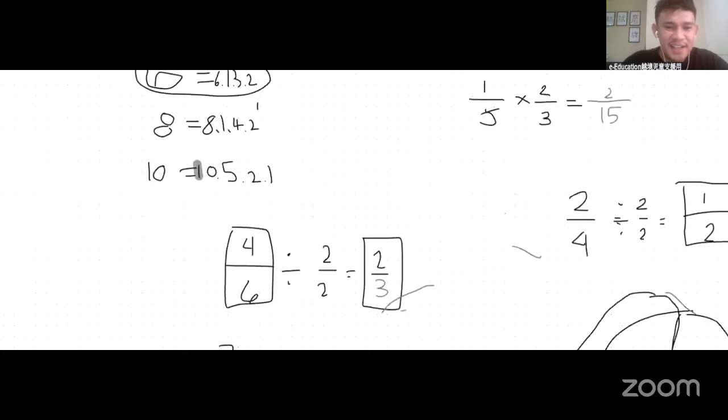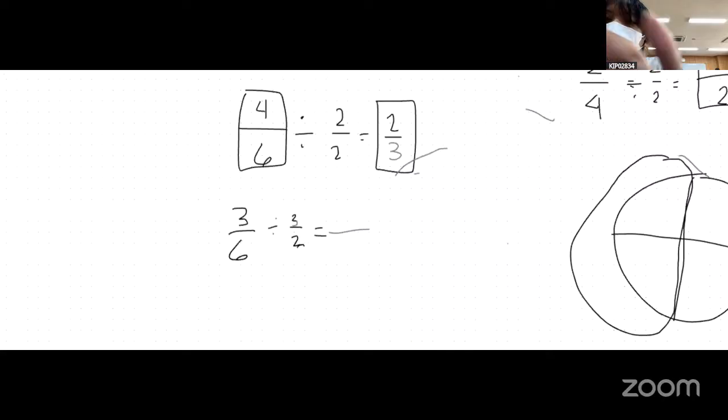So 3 divided by 3 is 1. And 6 divided by 3 is 2. Yes, very good. So that is the lowest term.